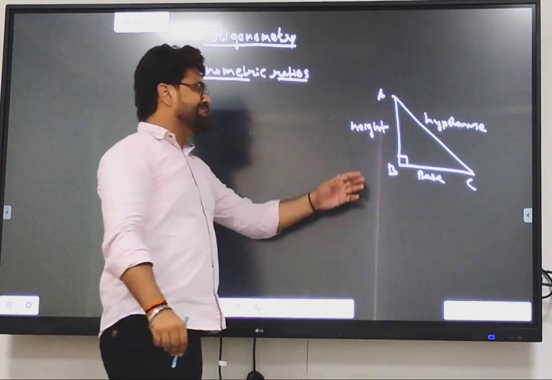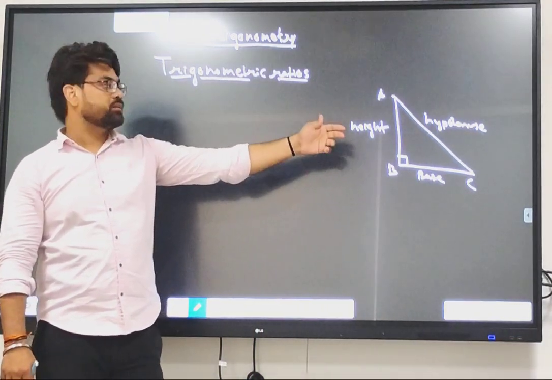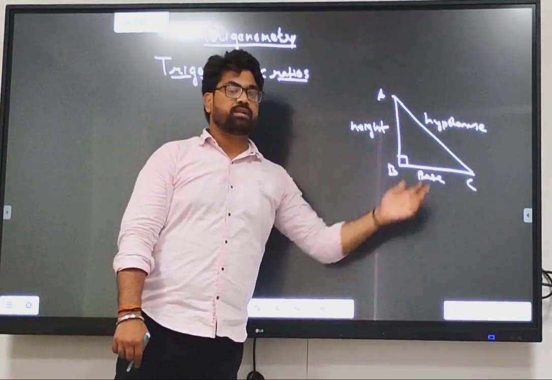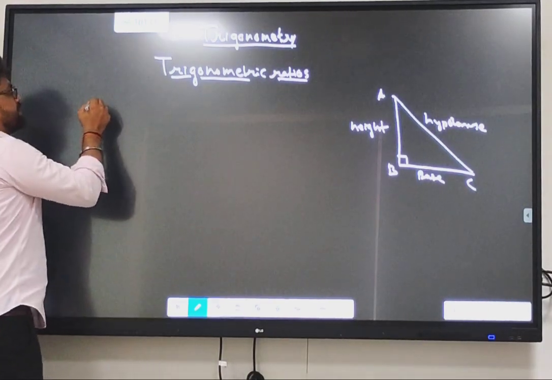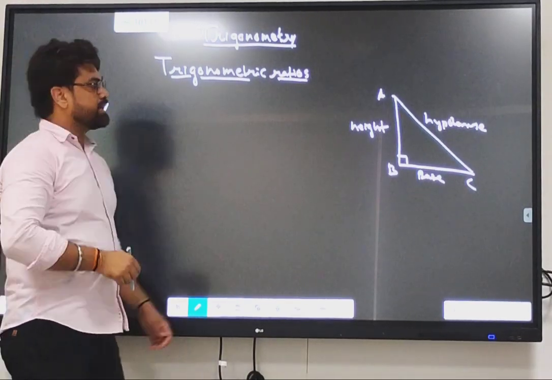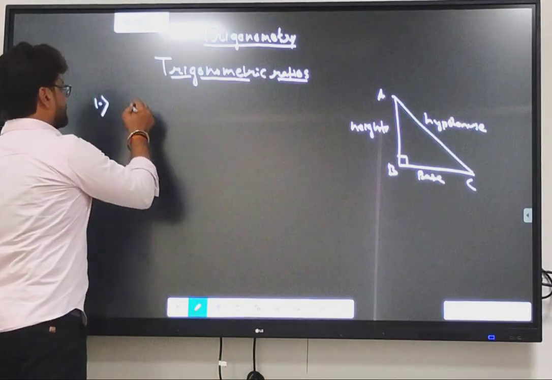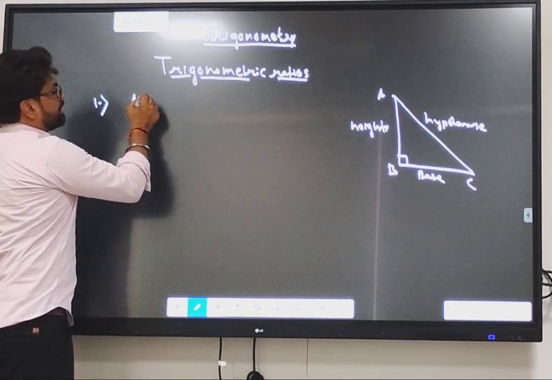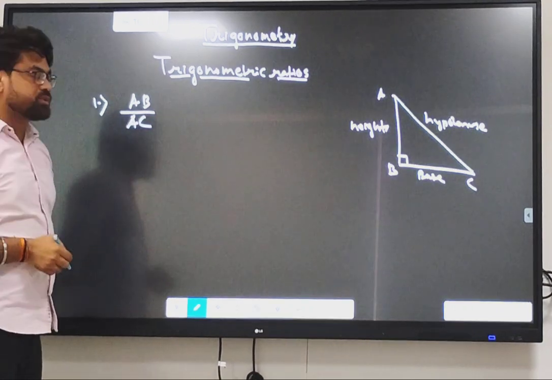So with these sides, what ratio can be written? What ratio can I write with the help of these three sides? So the first ratio I can write is height upon hypotenuse, that is AB upon AC. This is the first ratio.